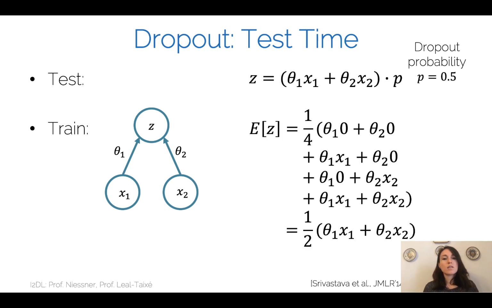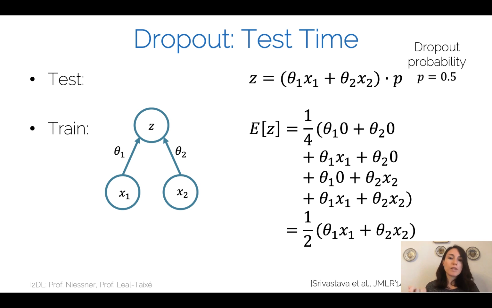Another question is, what is the expected value for z? We know that during training we can have four conditions. The first condition is that both of the neurons are dropped, and so we have a 0 in both inputs. The second condition is when x1 is active, the third condition x2 is active, and the fourth condition both x1 and x2 are active.